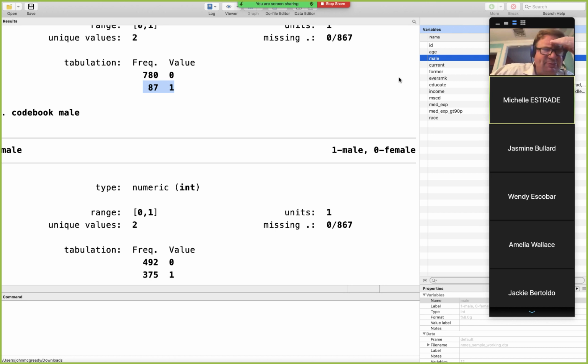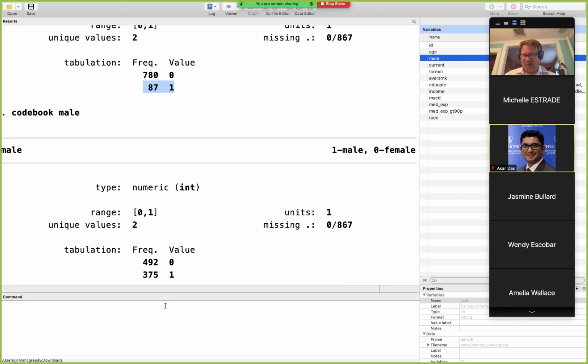What might be the easiest way to do that without thinking about regression? I've got an outcome that's binary and a correlate or potential predictor that's binary. How can I just look at that in a data analysis workshop, one approach? Yes, we could tabulate, exactly.